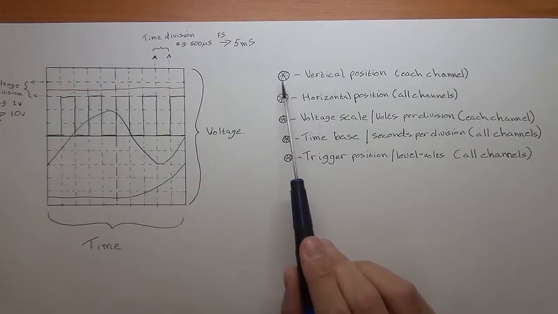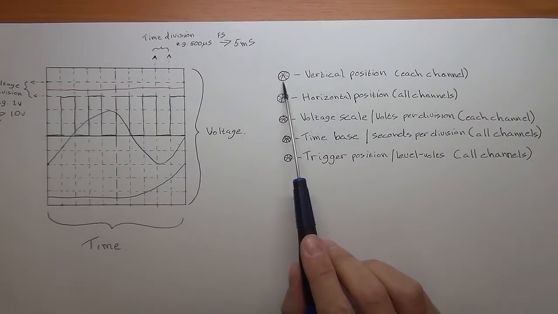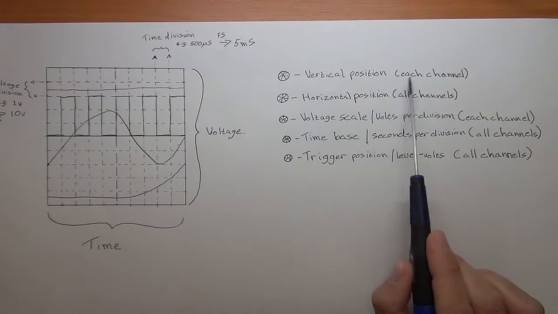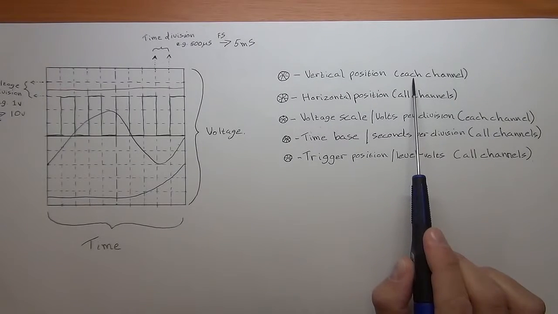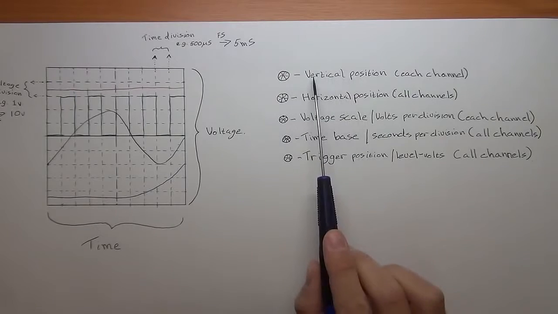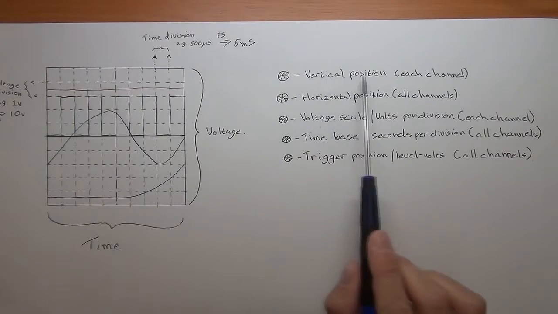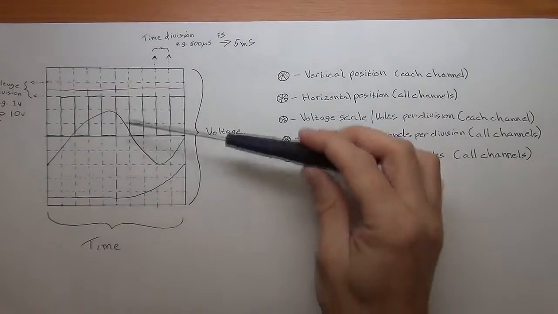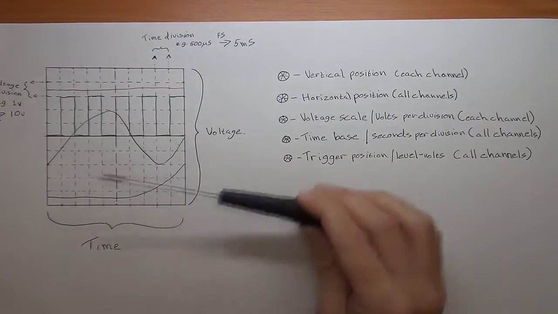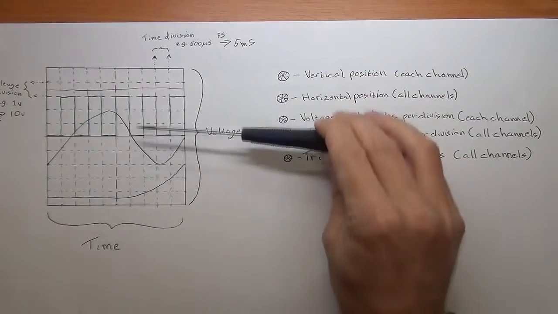The first knob, which you saw me playing with there, is the vertical position knob, and that is per channel. If you have several signals coming into your oscilloscope, each of those channels will have its own vertical position knob. What that allows you to do, without changing the scale of the signal, is to position it up or down.